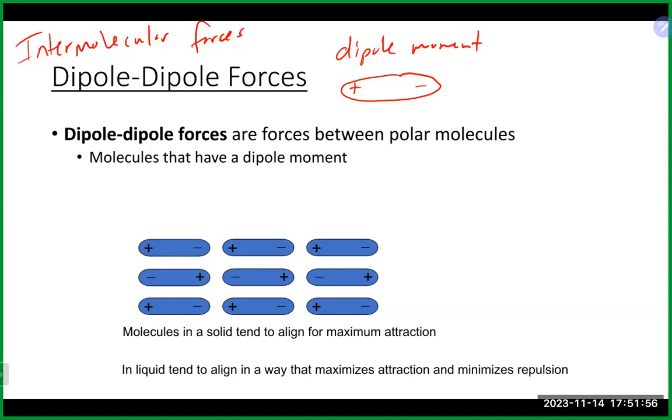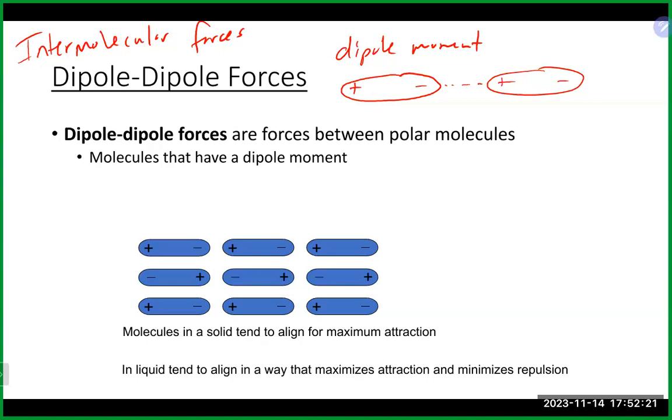Because it's a polar molecule, because it has a dipole moment, no matter what you do to that molecule, it's always got a positive side and a negative side, which means when it comes across another polar molecule, they are good to go in terms of bonding, and they will be attracted to each other via the oppositely charged sides of the molecule.